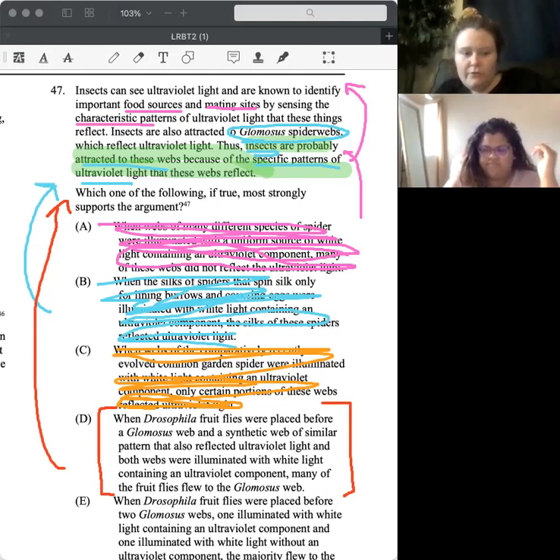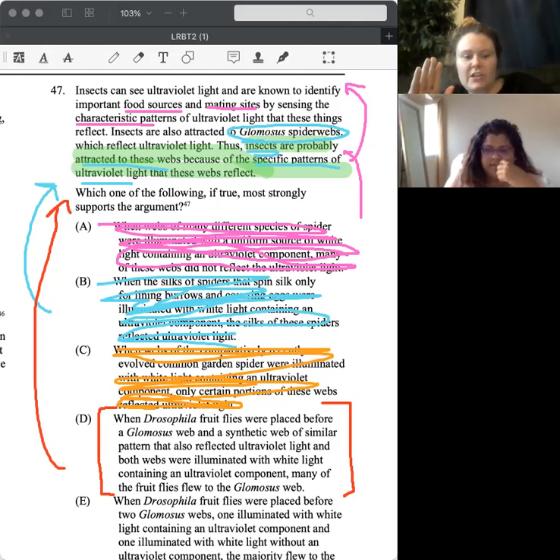And what did we do with the fruit fly? We put them before the web that we're trying to prove. So the G web and the S web. We put them in front of the G web and the S web. Excellent. And what do we know about the pattern? The G and the S web have similar patterns, and they both reflected ultraviolet light. Cool. And when both of them, what happened? They flew to the G web.